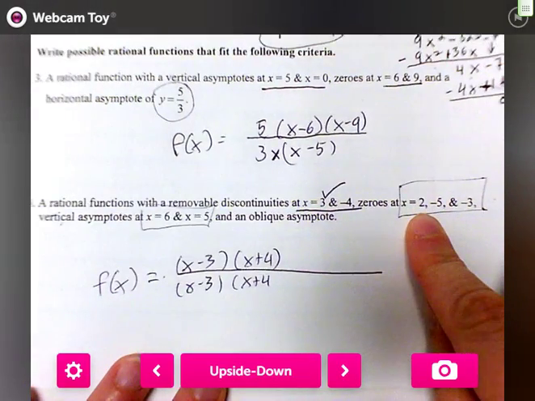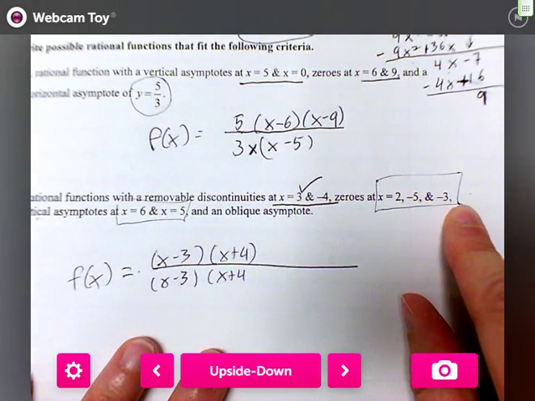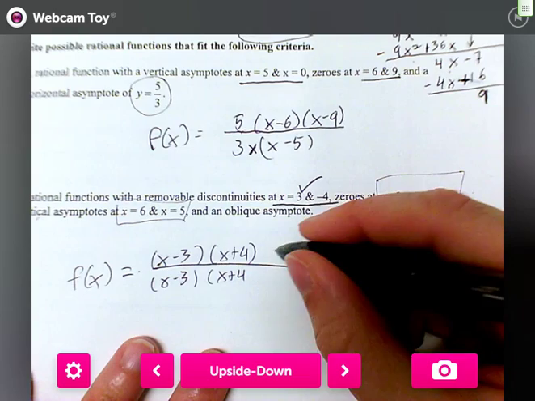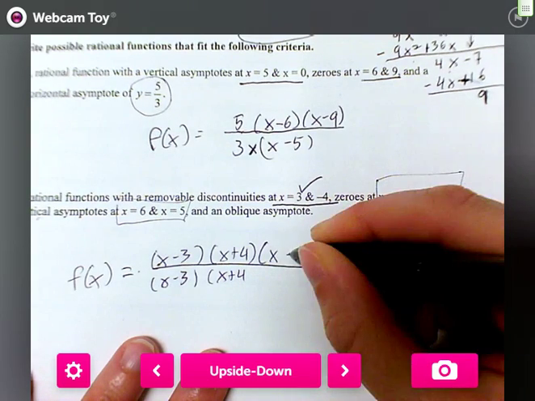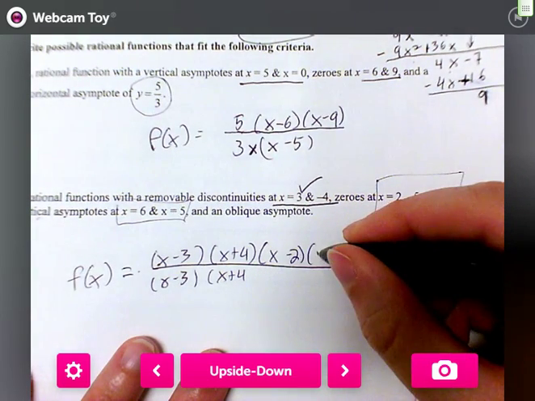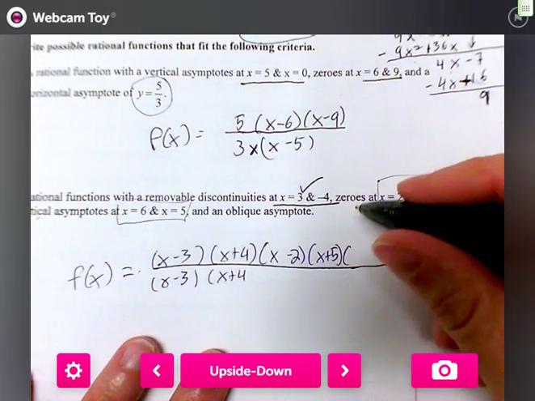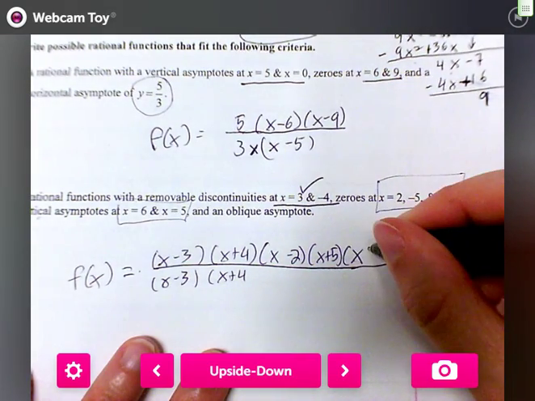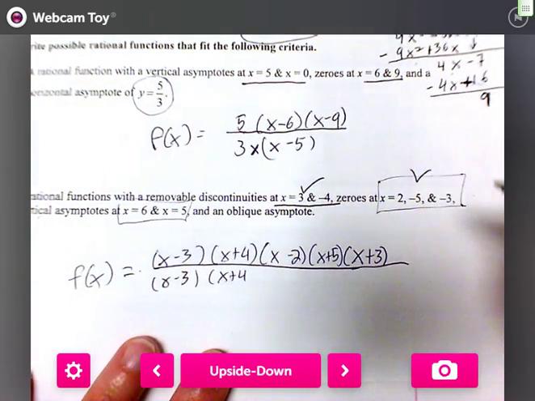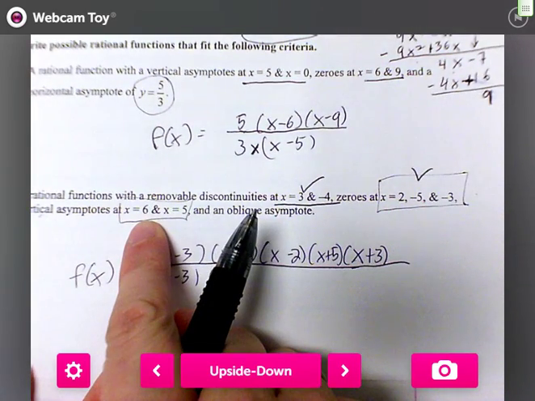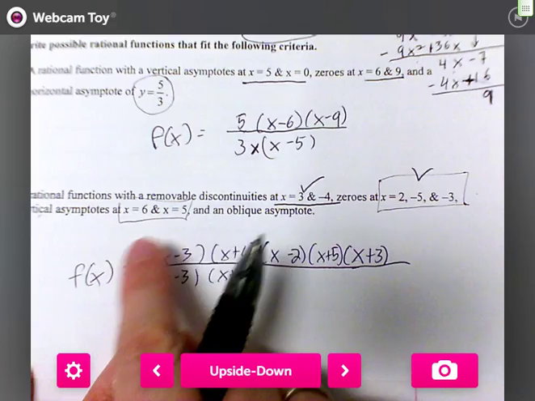Zeros, they go where again? Top or bottom? Top. So they're the opposite of those. So we've got x minus 2, x plus 5, and x plus 3. So I covered those. Vertical asymptotes at 6 and 5.